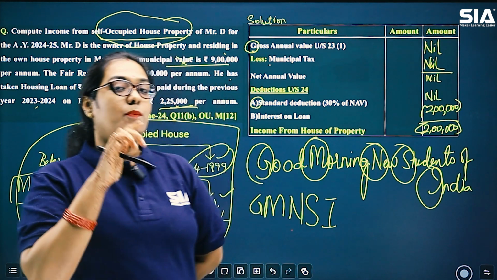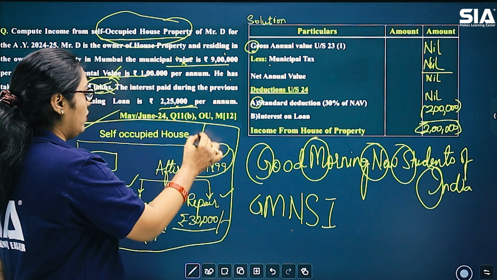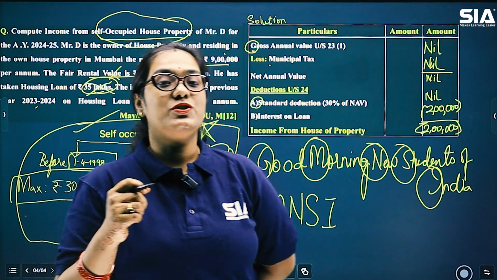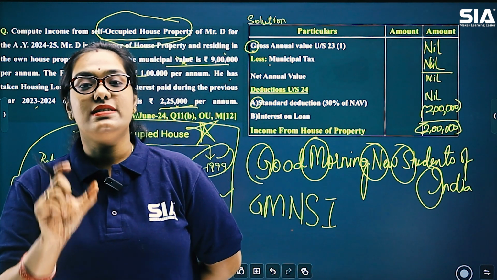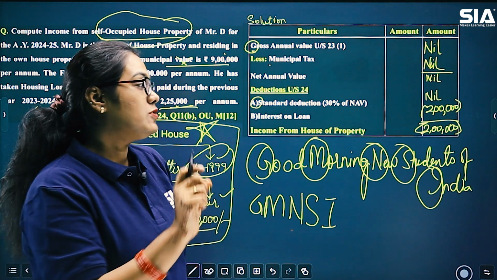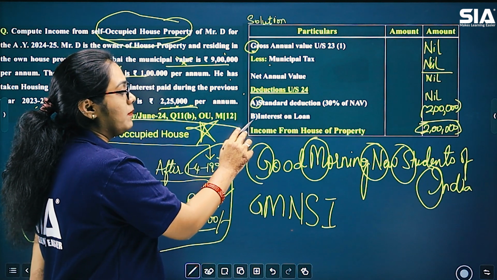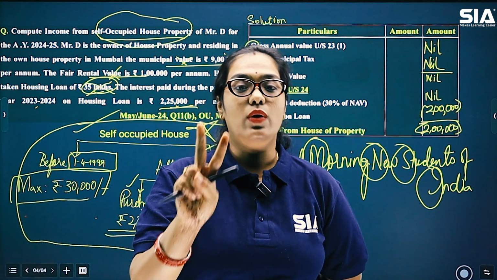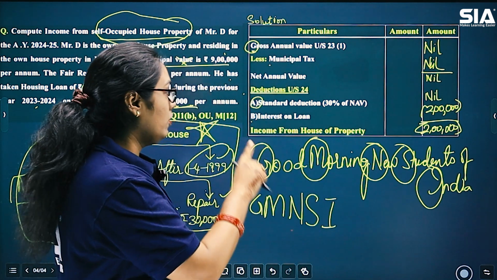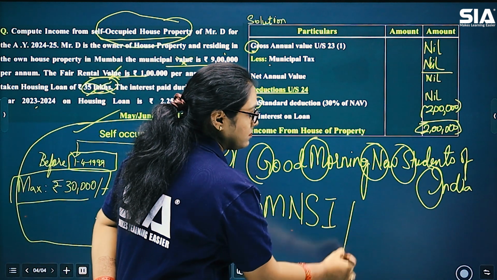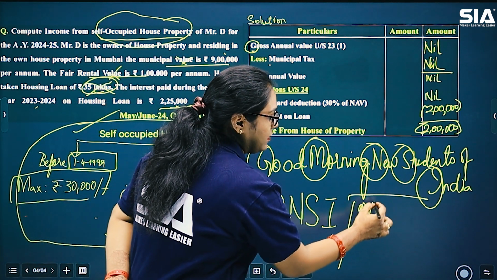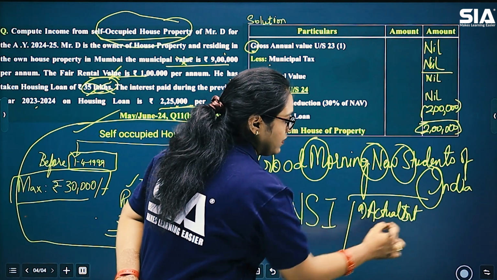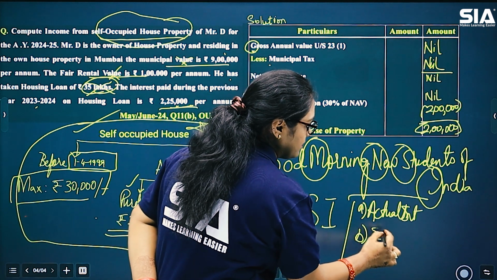Then the most important part here is your interest on self loan for a self-occupied house. So you need to mention here that since the house is self-occupied, deduction allowed under section 24B, that is interest on loan, will be least of 2 amounts: actual interest amount or rupees 2 lakh.